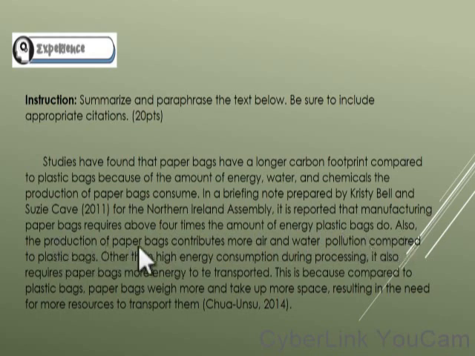Also, the production of paper bags contributes more air and water pollution compared to plastic bags. Other than high energy consumption during processing, paper bags also require more energy to be transported. This is because compared to plastic bags, paper bags weigh more and take up more space, resulting in the need for more resources to transport them. Chua, 2014.